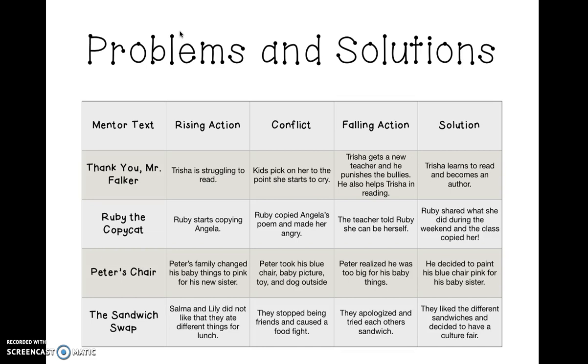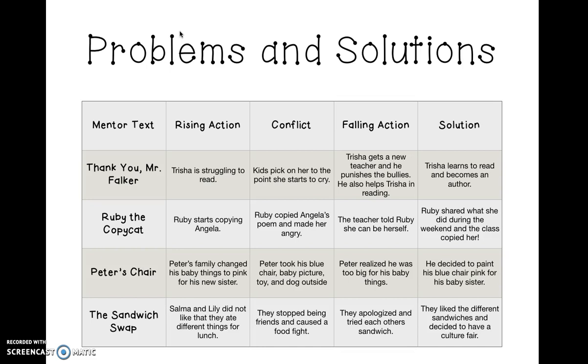Let's think about Peter's Chair for a moment, since we've already talked about Ruby the Copycat. In Peter's Chair, the beginning and the rising action that leads up to that big conflict is that Peter's family has the new baby sister. And they are so excited that they are taking all of Peter's things and turning them pink and giving them to the new sister.